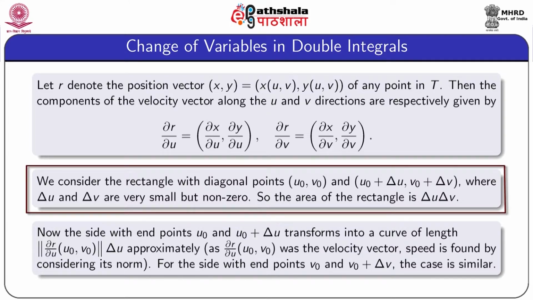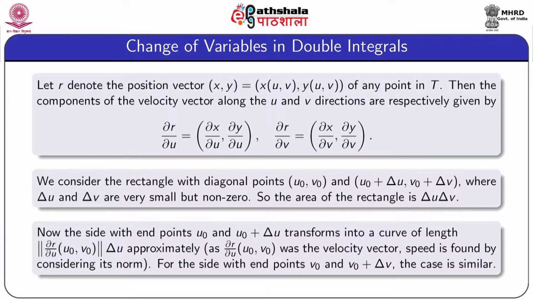Now, we consider the rectangle whose diagonal points are (u0, v0) and (u0 plus delta u, v0 plus delta v), where delta u and delta v are very small but non-zero. So, the area of this rectangle is delta u delta v.